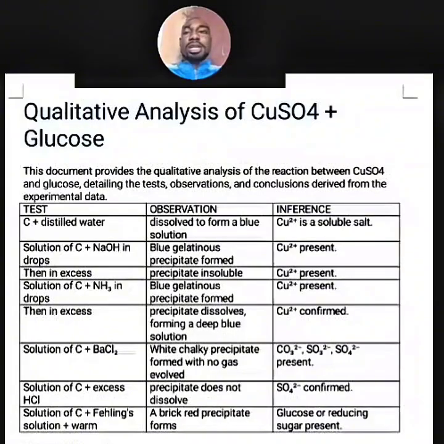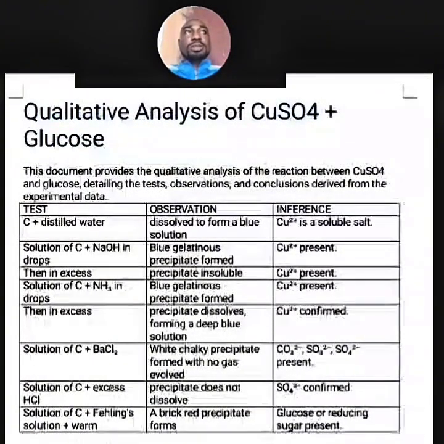When you heat and heat, at some point you will notice a brick red precipitate, or something like a reddish brown. Once you notice it, you will know that glucose or a reducing sugar is present. Remember, glucose is a reducing sugar.